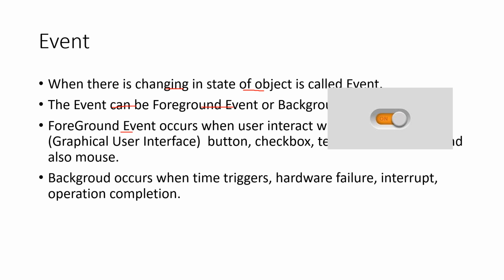A foreground event occurs when the user interacts with a graphical user interface component, for example a button, checkbox, text box, keyboard and also mouse. A background event occurs when time triggers or hardware failure, when there is an interrupt or operation completion. Normally, background events occur automatically in the background.